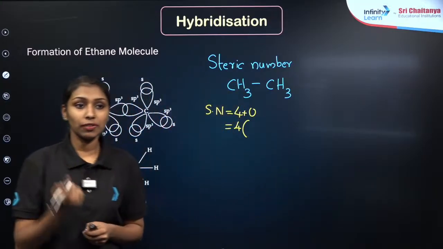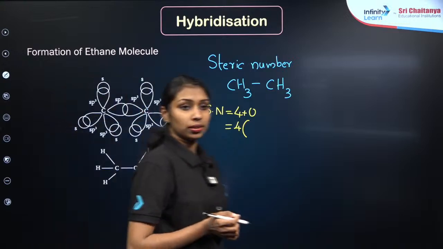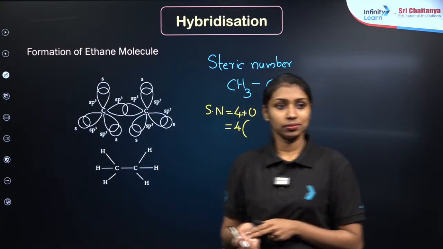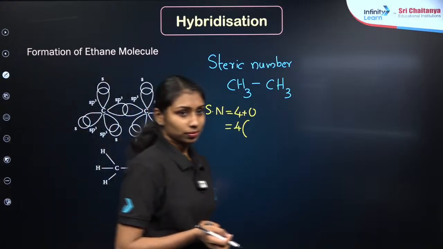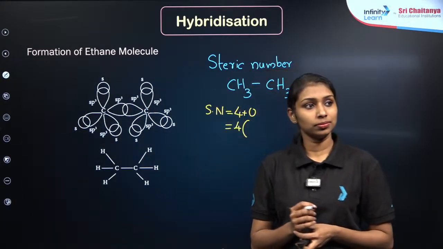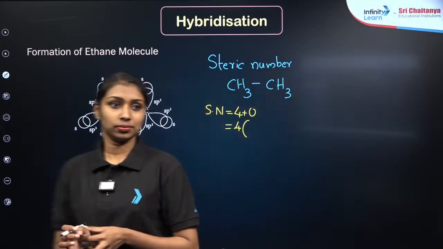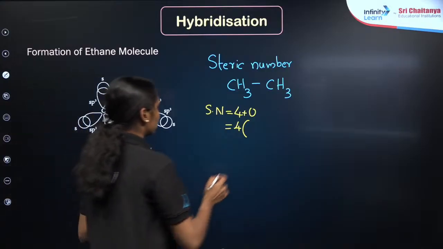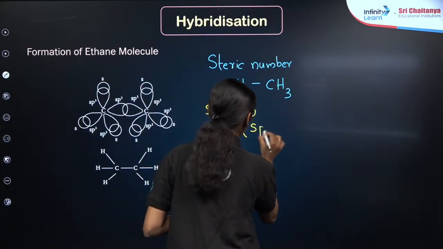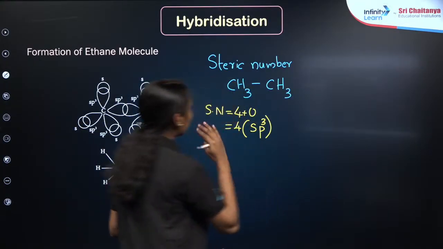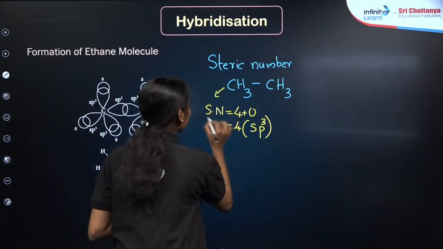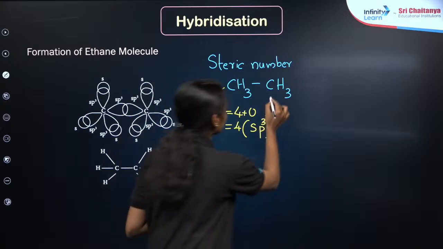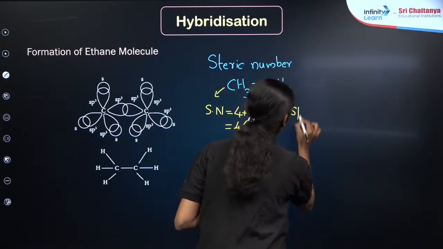If the steric number is 4, it is sp3, right? 4 means sp3 hybridization. So in the case of the CH3 molecule, this carbon exhibits sp3 hybridization, and this carbon is also exhibiting sp3 hybridization.